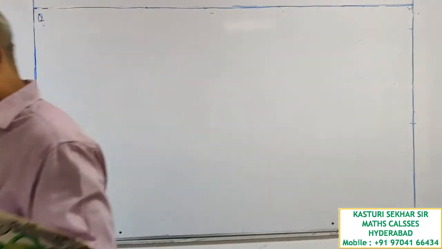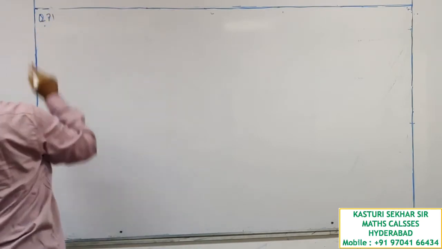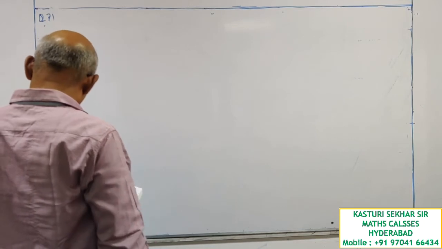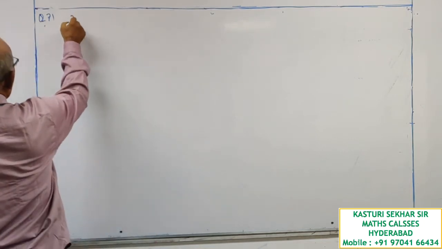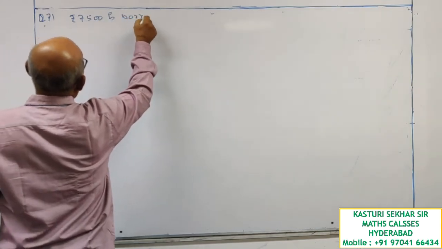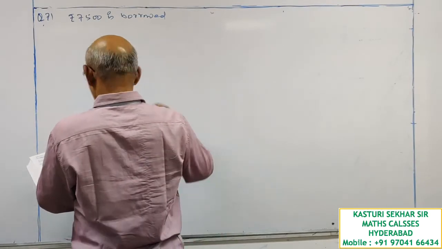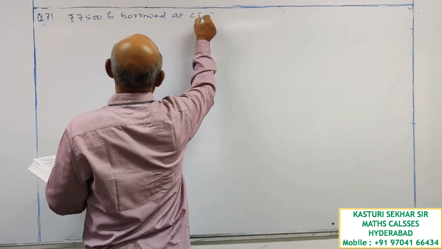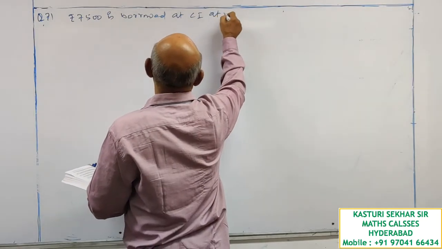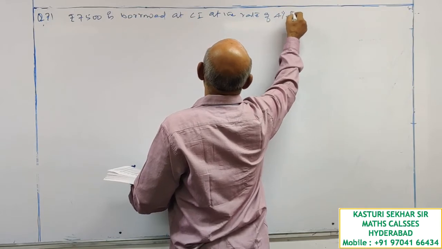Look at the next question. Rupees 7,500 is borrowed at CI at the rate of 4% per annum.